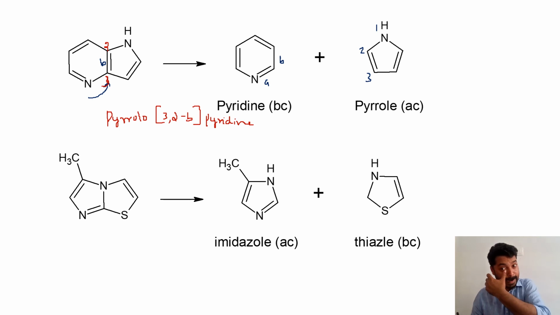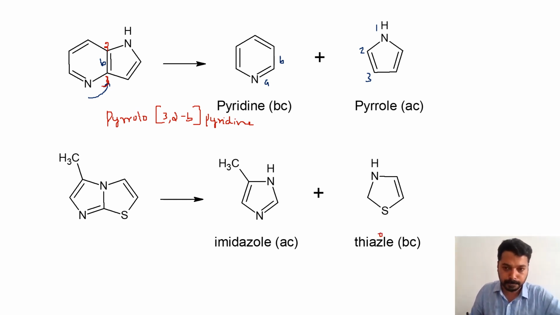Next, if there is a substituent, what you can do is first forget the substituent and just select the base component as well as the attached component. So here thiazole will be the base component. Thiazole will be the base component.